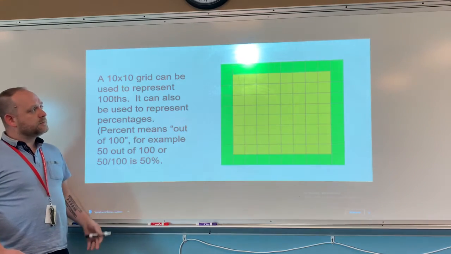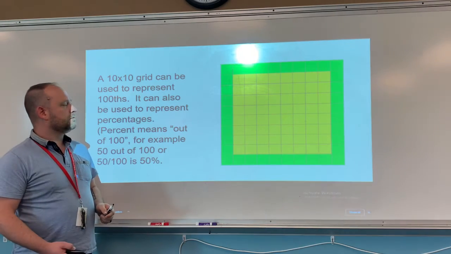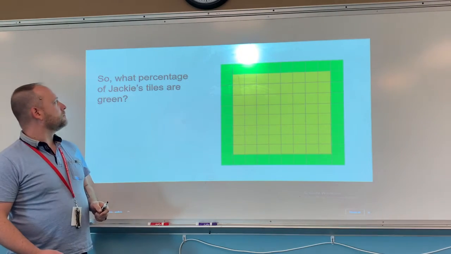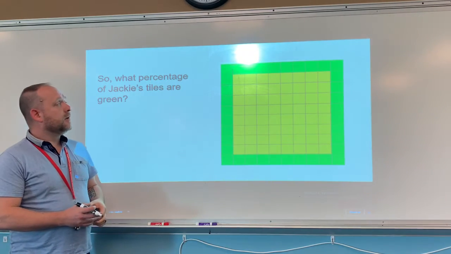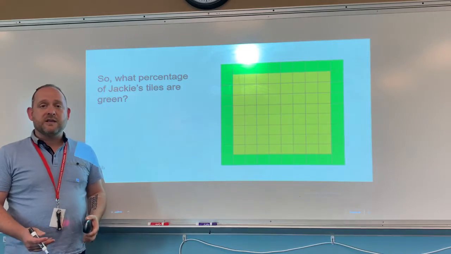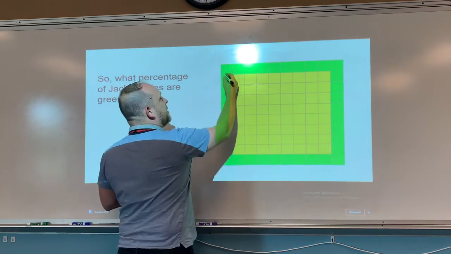Now knowing that, can you figure out what percentage of these tiles are green? So how would we work this out? Well, the first thing we could start by doing is counting the number of green tiles. We can do that by simply counting them out.